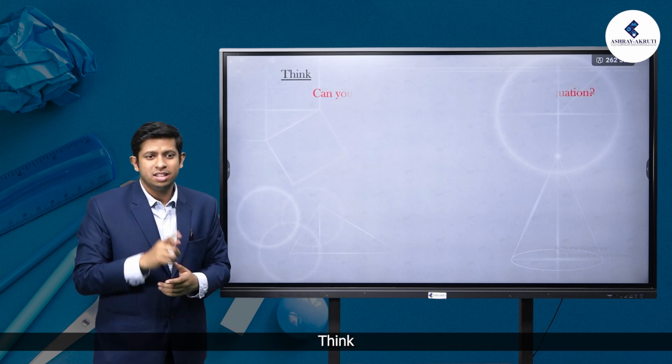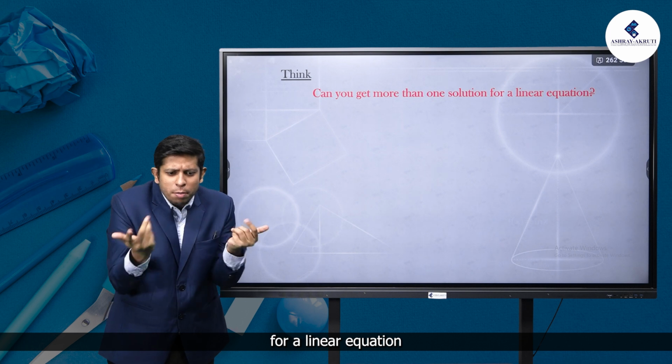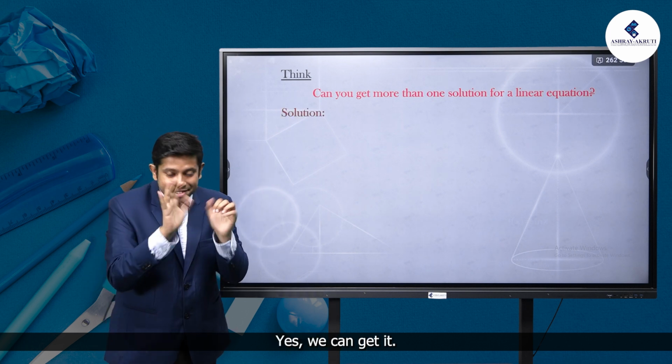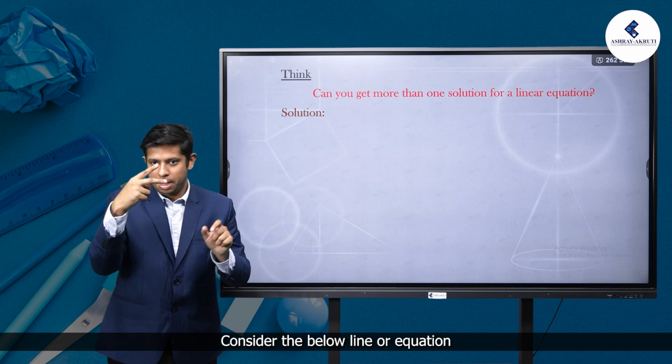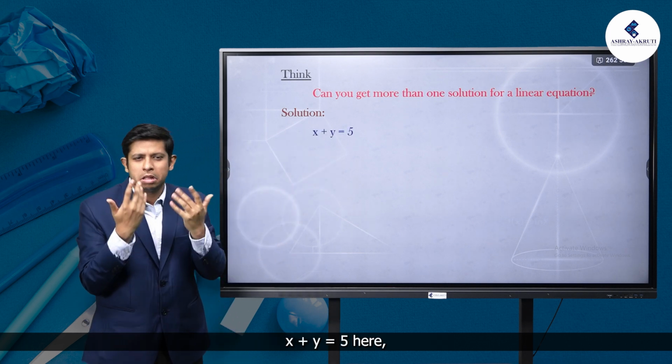Think. Can you get more than one solution for a linear equation? Solution. Yes, we can get it. Consider the equation x plus y is equal to 5.